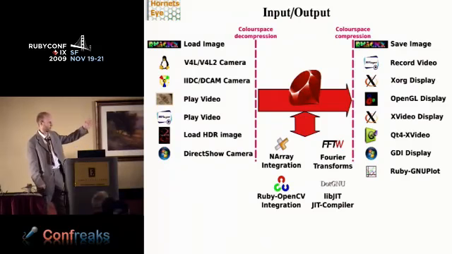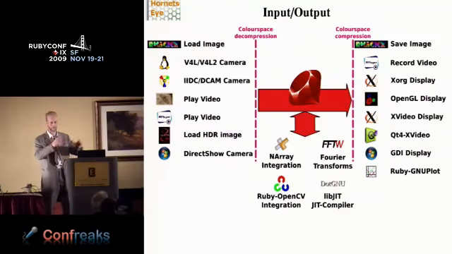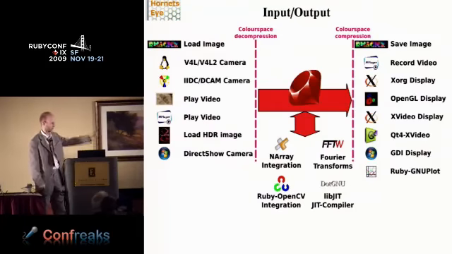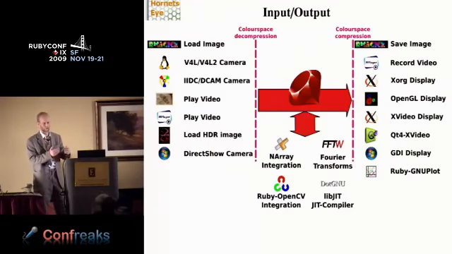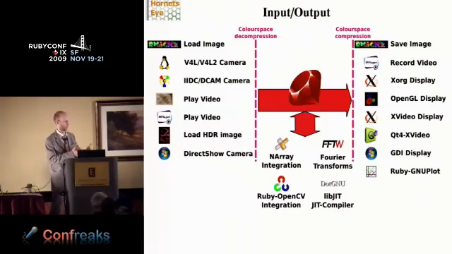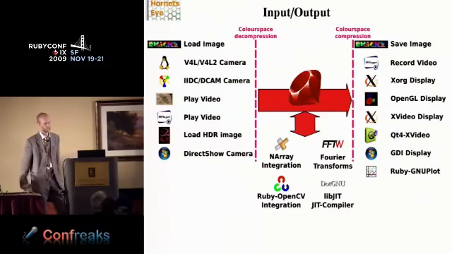I have I/O for loading images, loading video files, and also for displaying, even hardware accelerated video display under Linux only at the moment, and a Qt4 integration to display as part of a GUI. Then there are array classes which make use of libjit, and also means of conversion to use Ruby OpenCV or NArray. I also make use of the Fastest Fourier Transform in the West library for Fourier transforms at the moment.